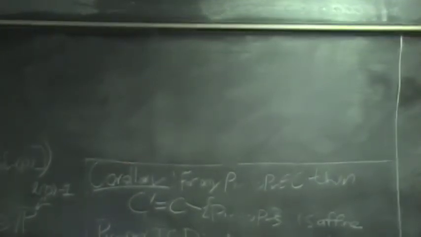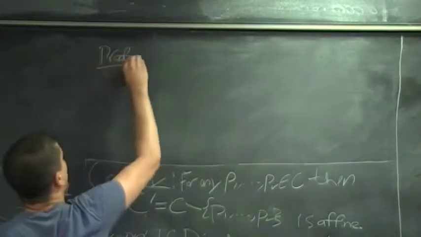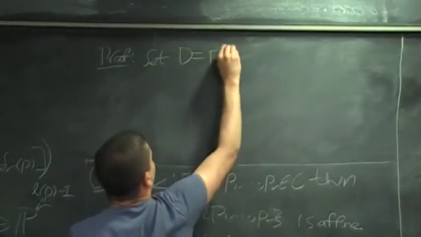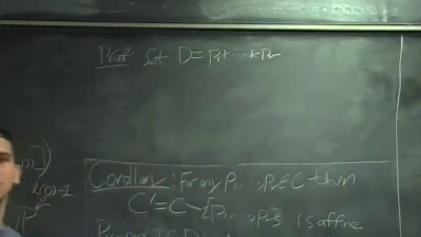So the way we prove this corollary then is, define D to be the sum of our finite set of points.